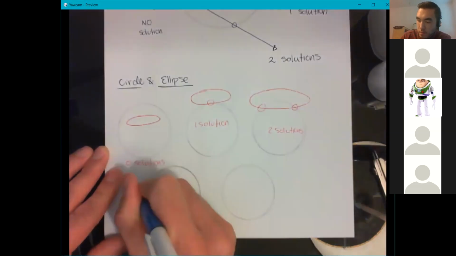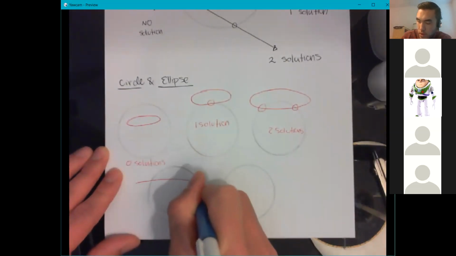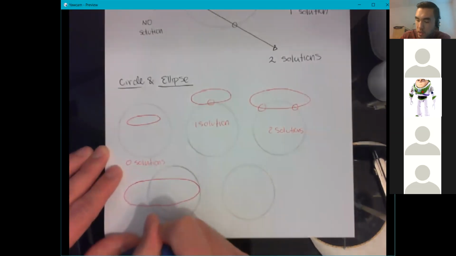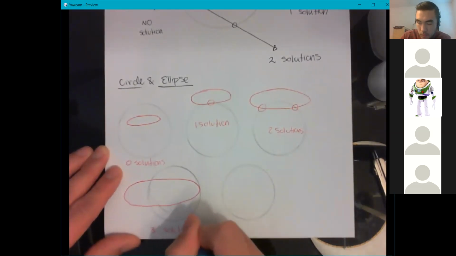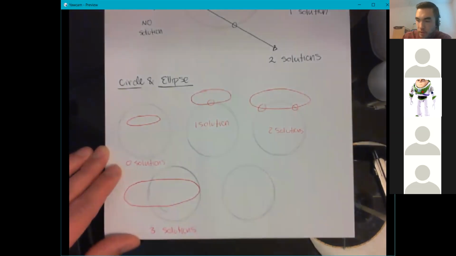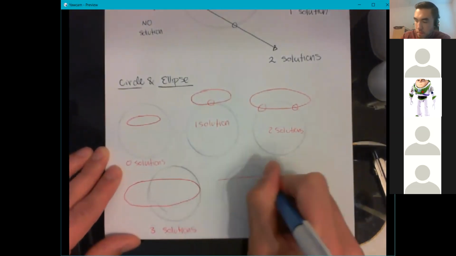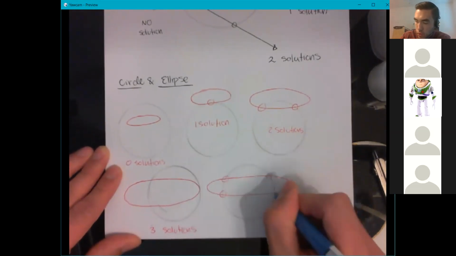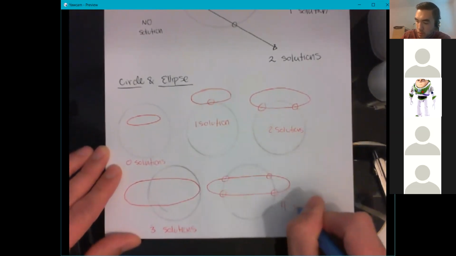I could have a system, and this is my favorite one, that has an odd number of 3 solutions. Or I could have a system with 4 solutions.